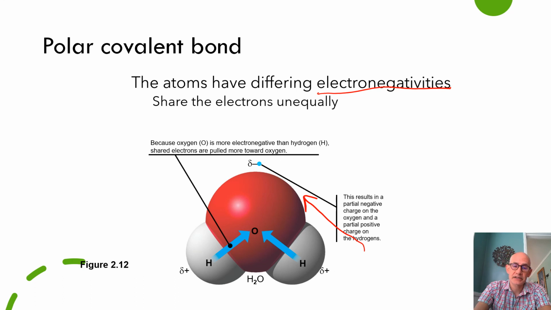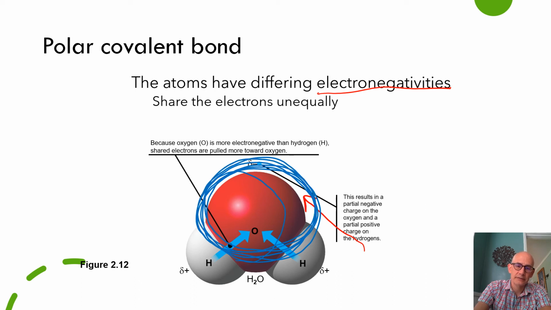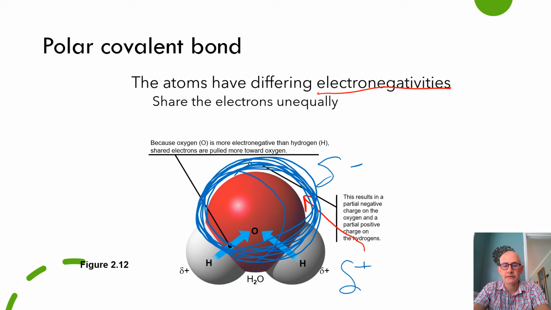So because the oxygen is sucking in those electrons more often, then we get a more negative charge here, making it slightly negative. And then there's less electrons around the hydrogens, so it is slightly positive.